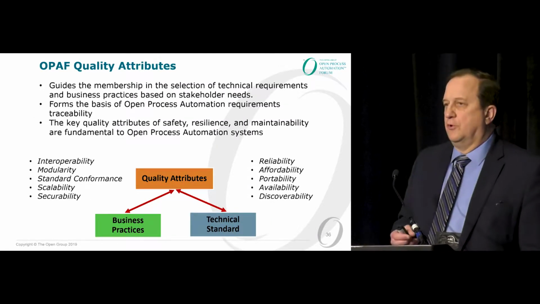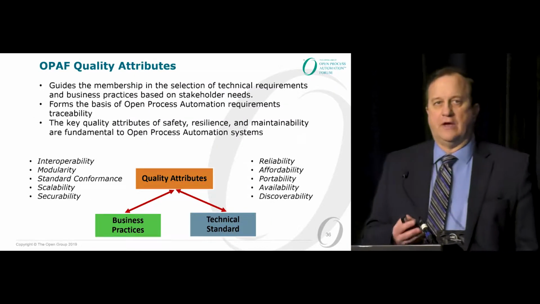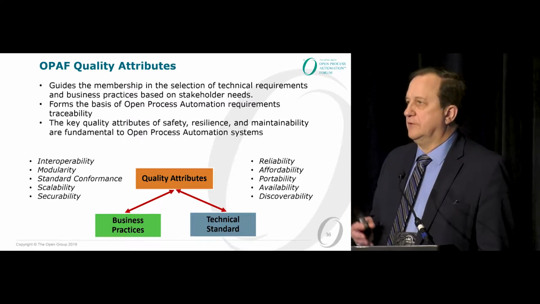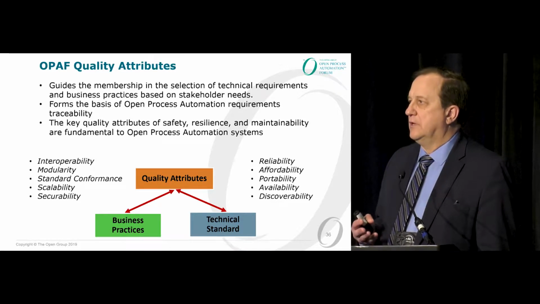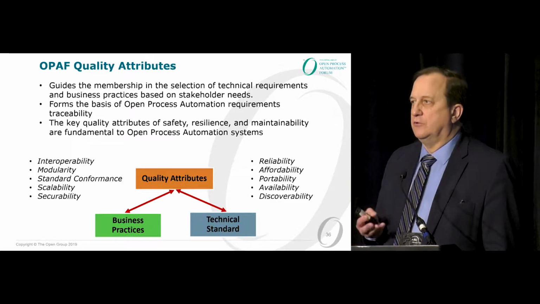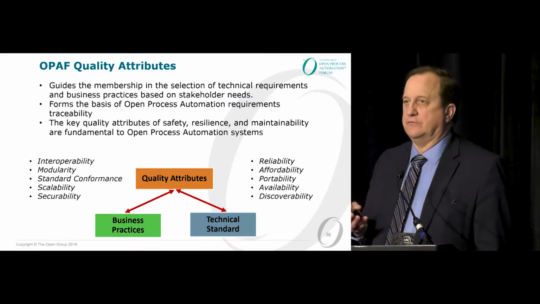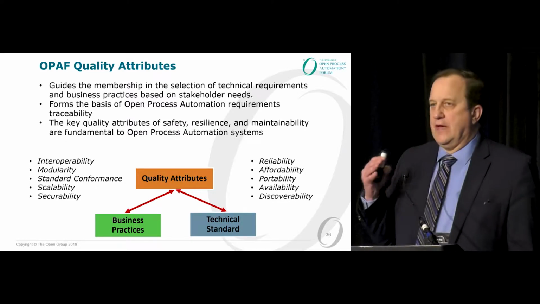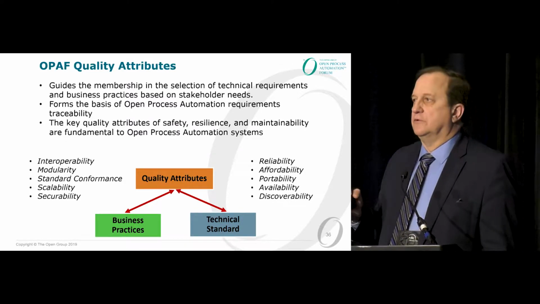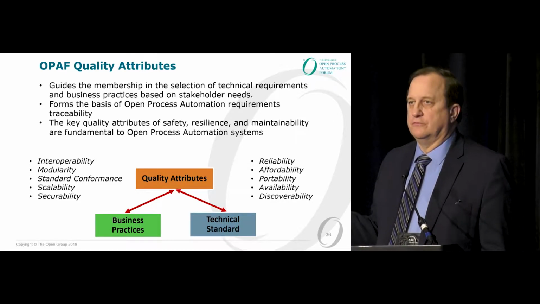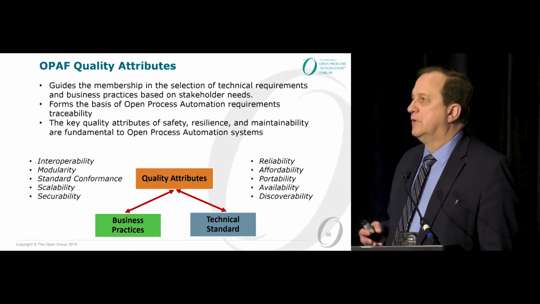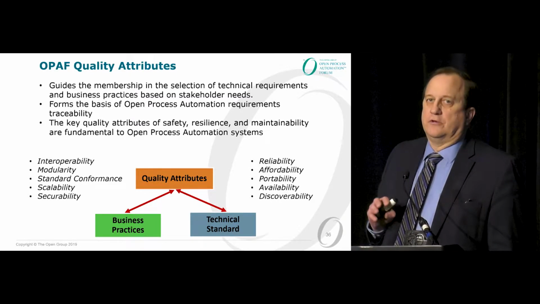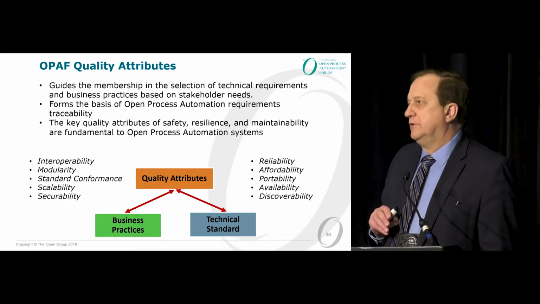And those workshops were focused on two areas: stakeholder value, where we pulled both the buyer and the seller into the room, into the workshop, and we evaluated the stakeholder needs and interactions of each of those roles in the ecosystem. From that, we derived the set of what were called quality attributes. Quality attributes are non-functional attributes or requirements that are that mountain that we want to climb, that goal that we want to achieve.